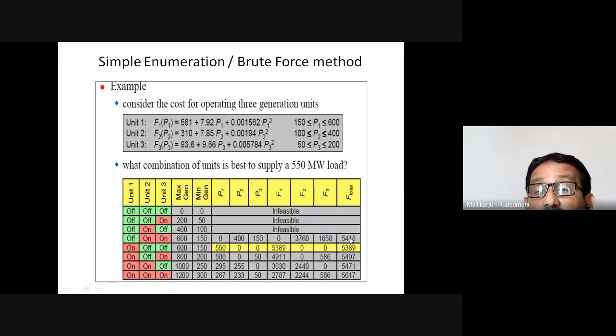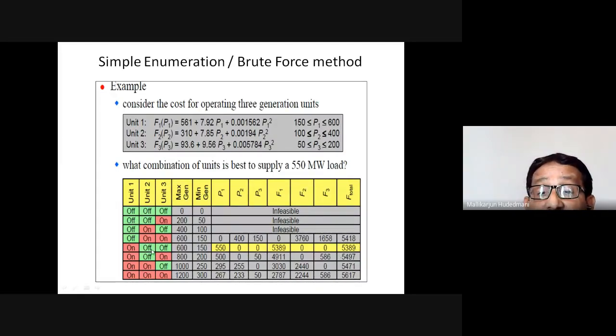This is the cost of 400, cost of 150 on machine 2, machine 3. Add these two, total cost of the combination of this row. Similarly, next row combination, next row combination, and the last row combination. If I solve, I will have a comparison of production cost for the combination.